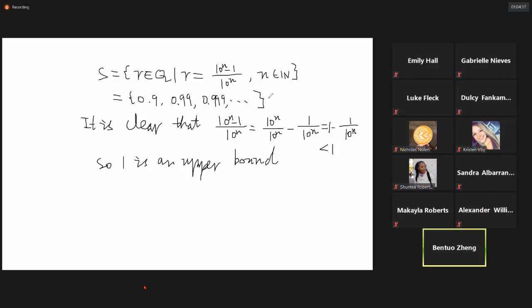What is the least upper bound for S? Y is also the least upper bound.